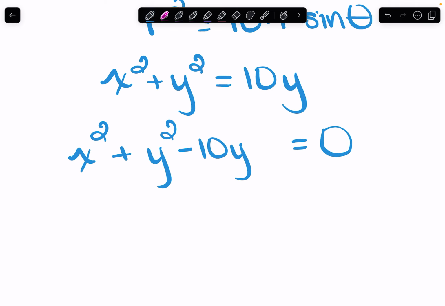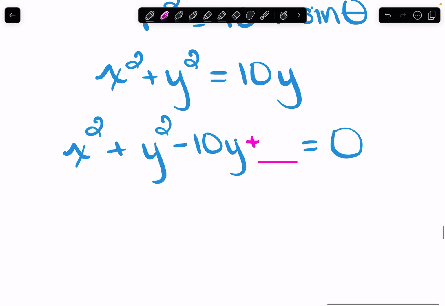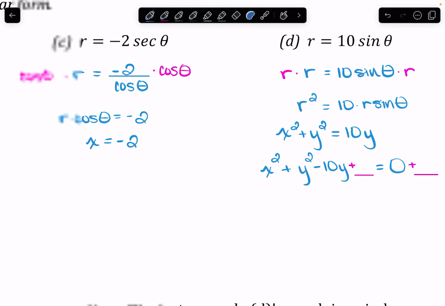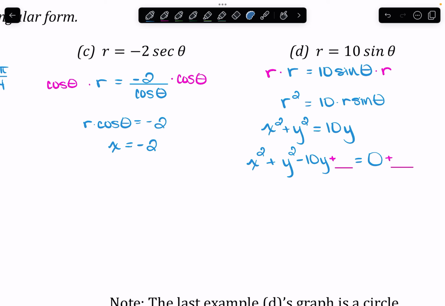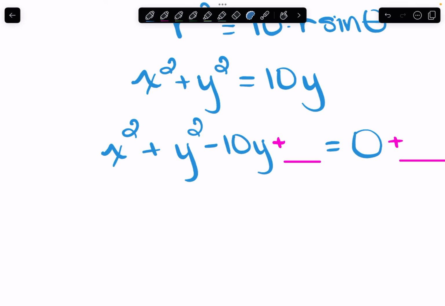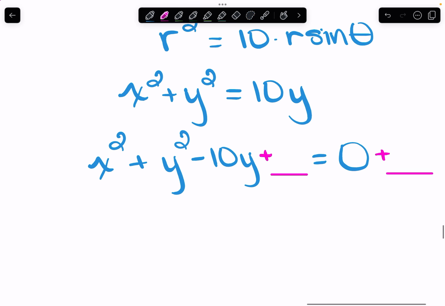So the x squared, we can leave that alone. We need to manipulate this y squared. So completing the square, it's been a while since you've done that, but the goal is to add something here to force those y terms to factor nicely. Well, if I add something on the left, I have no choice but to also add that number on the right. Recall the formula for completing the square is the coefficient of the middle divided by 2 quantity squared.